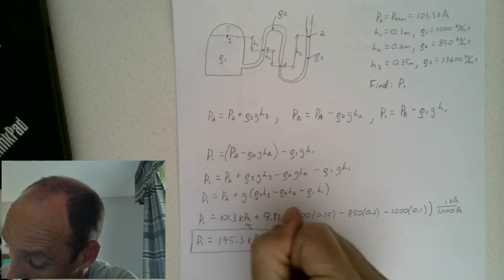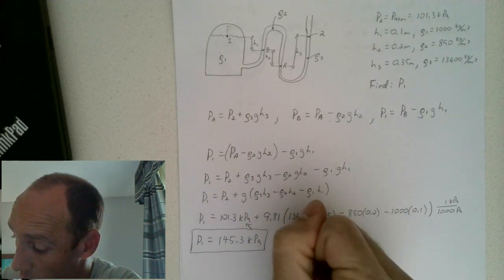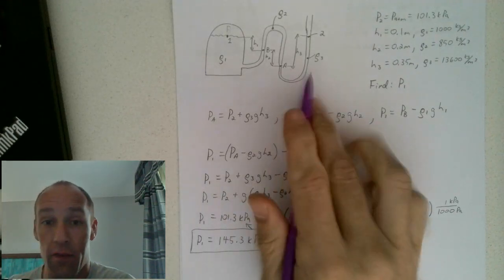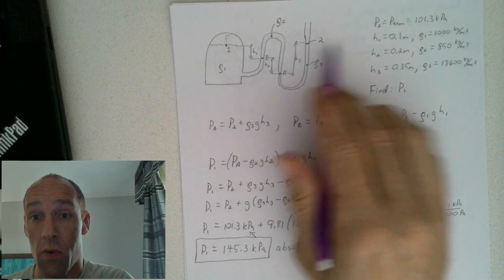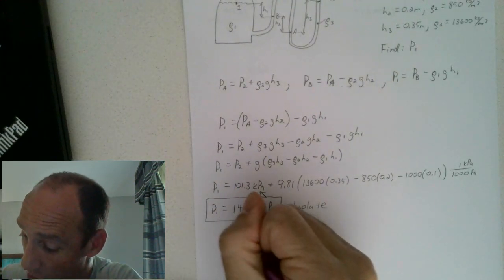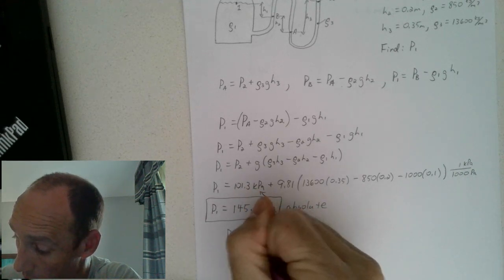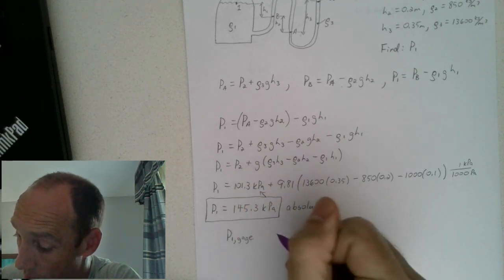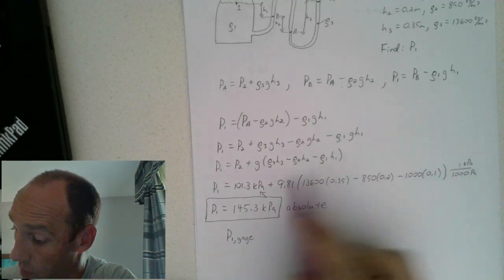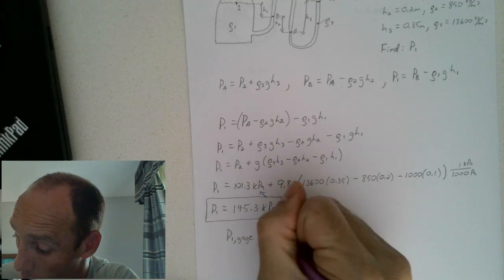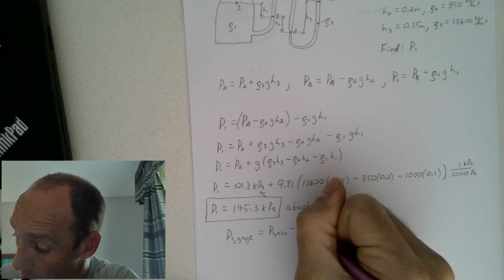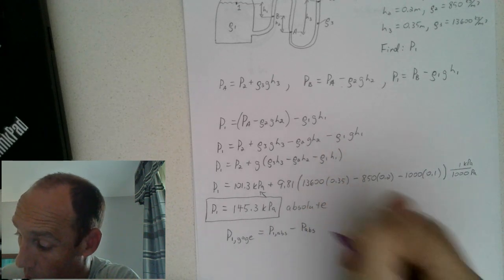And so this is absolute. This is the absolute pressure, right? I took into account the pressure at point 2. So this is going to be absolute. So what if I wanted the P1 at gauge? The gauge pressure at P1. Well, that would be equal to P1 absolute minus the atmospheric pressure.